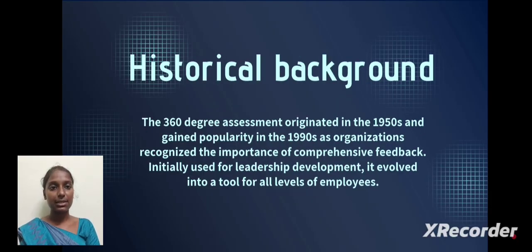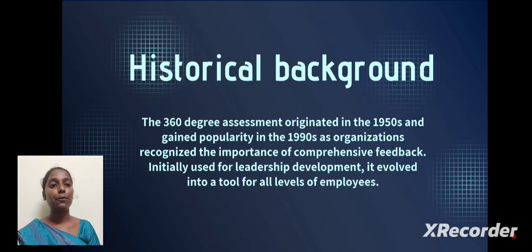And historical background. The 360-degree assessment originated in the 1950s and gained popularity in the 1990s as organizations recognized the importance of comprehensive feedback. Initially used for leadership development, it evolved into a tool for all levels of employees. As I already said, this is not only for students' performance, this is also helpful to evaluate the employees' performance.